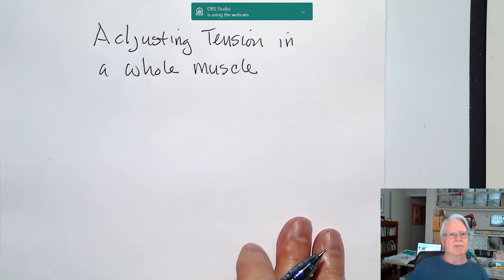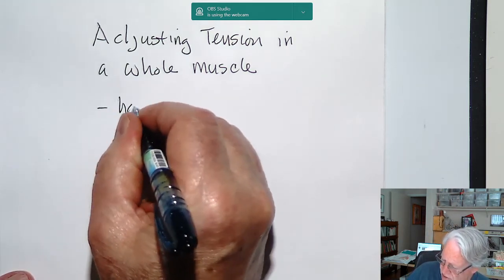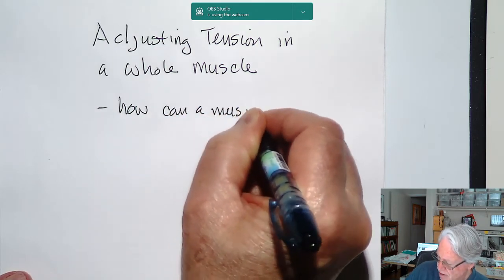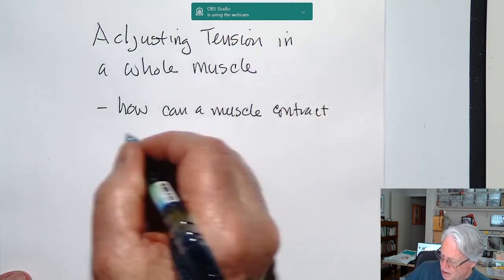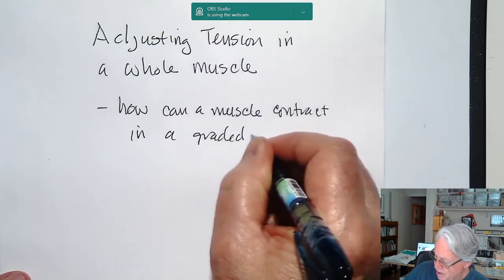And what we mean by this is how are we going to produce a contraction which is commensurate with the amount of work that we need to do, and that is not a jerky movement. So, the way we can express that is: how can a muscle contract in a graded manner?